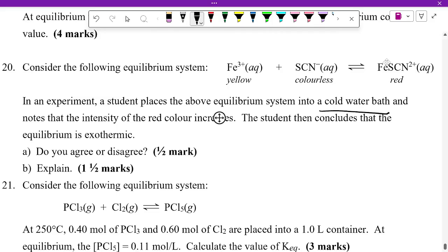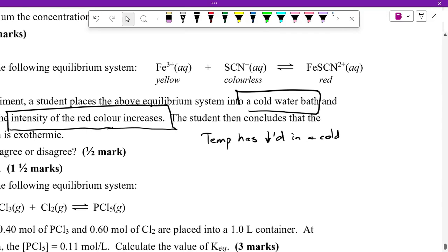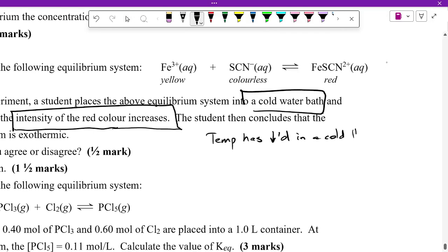So when we put it into a cold water bath, that tells us that temperature has decreased. And if the intensity of the red color increases, that tells us that, I keep forgetting these are written response, so you actually have to explain yourself. In a cold water bath, red color became more intense, therefore the system shifted right.